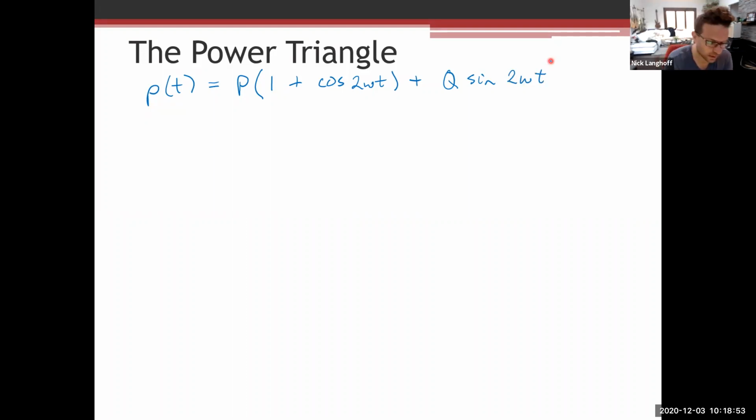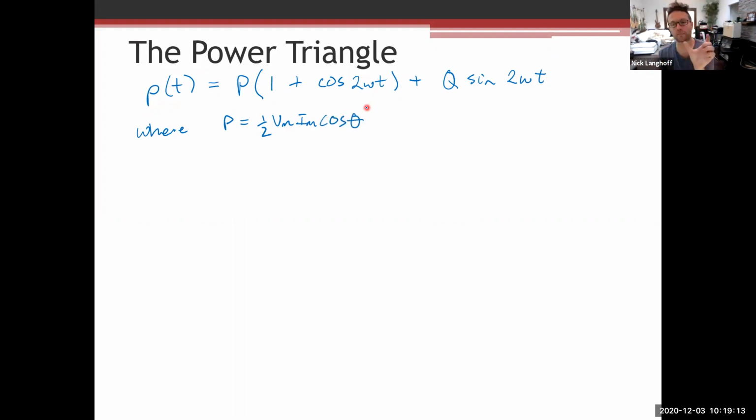Then we can write this down so that we remember on this slide, P is equal to 1/2 Vmax times Imax times the cosine of theta.